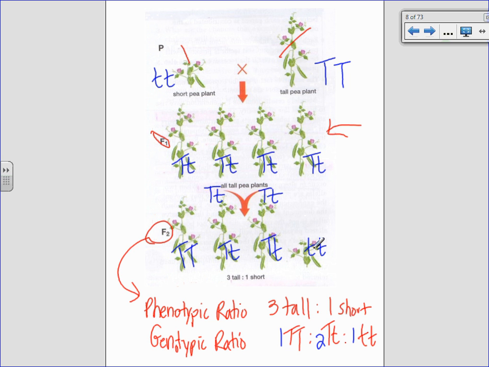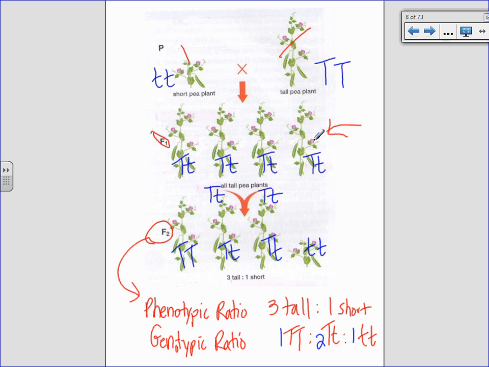So we went back and we looked at what they must have had in terms of alleles, or in terms of the factors that they must have been able to pass on. So we said, okay, well, short seems to be hidden in the F1 generation, whereas tall seems to show up.